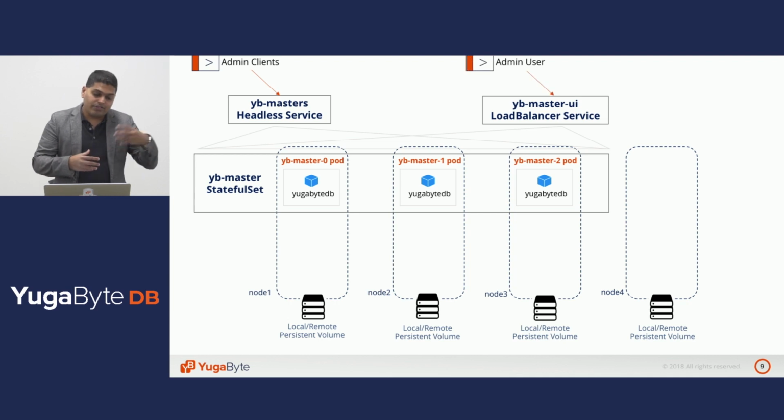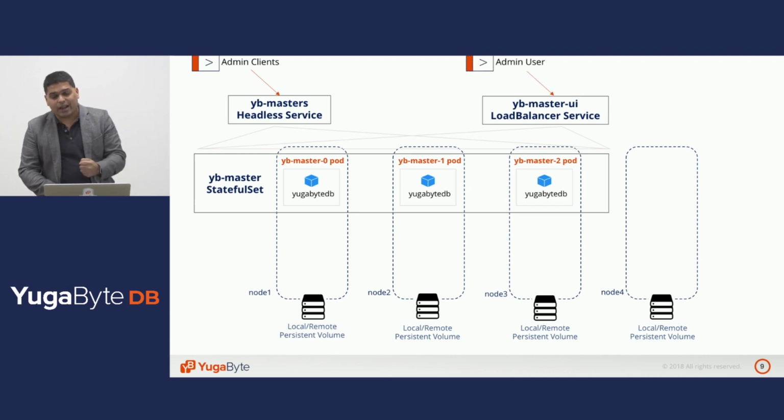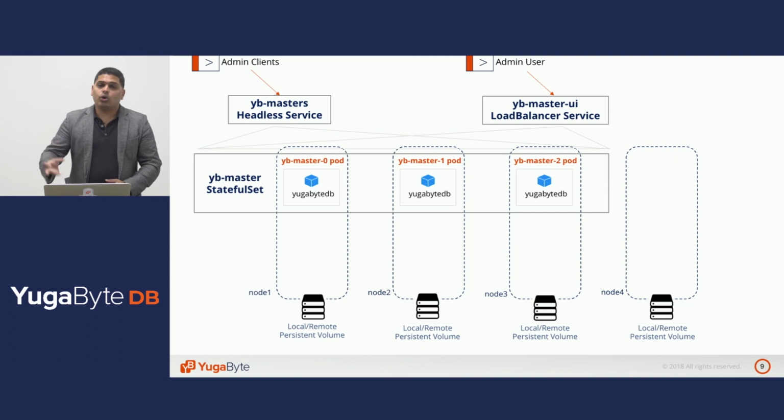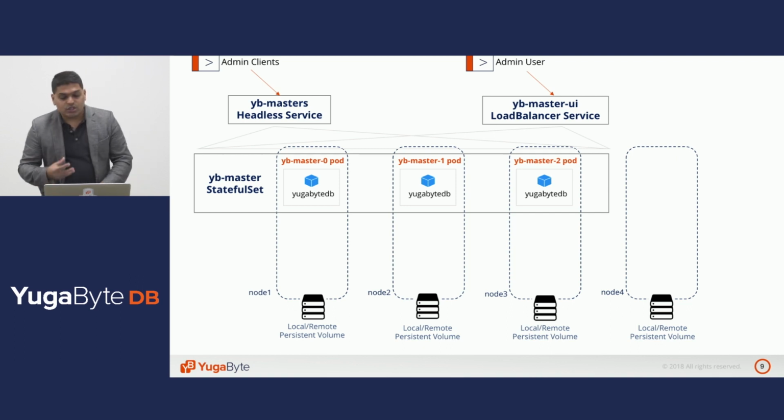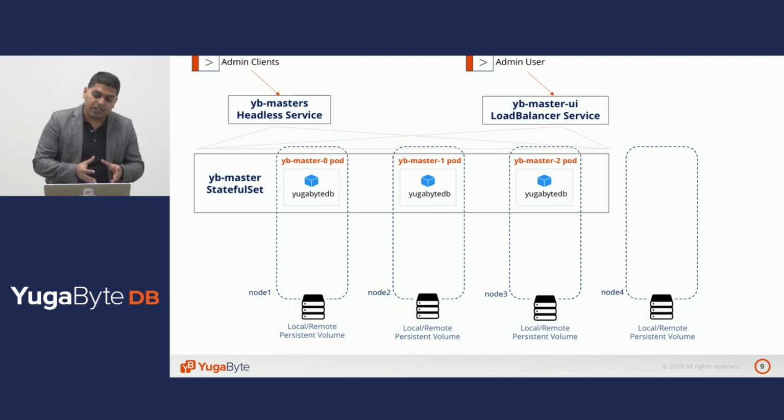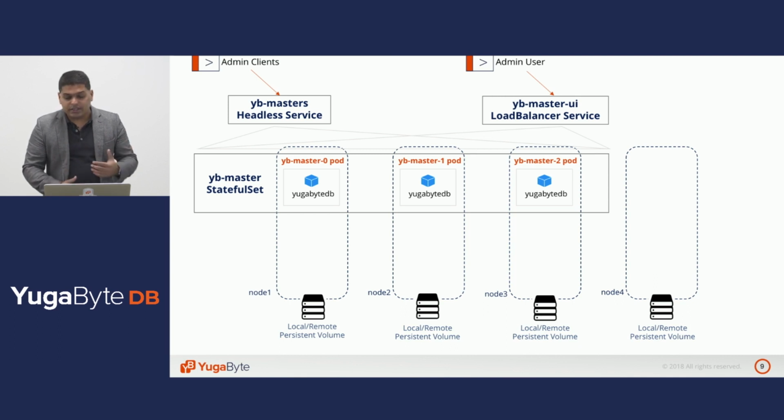We have to create a headless service so that administration clients can talk to the individual pods, as well as a standard load balancer YB Master UI service, so that admin users who want to understand the state of the database can connect to the admin UI and look at the various cluster configuration information.